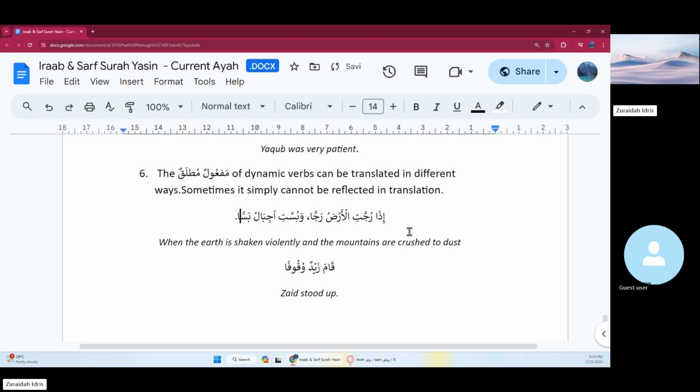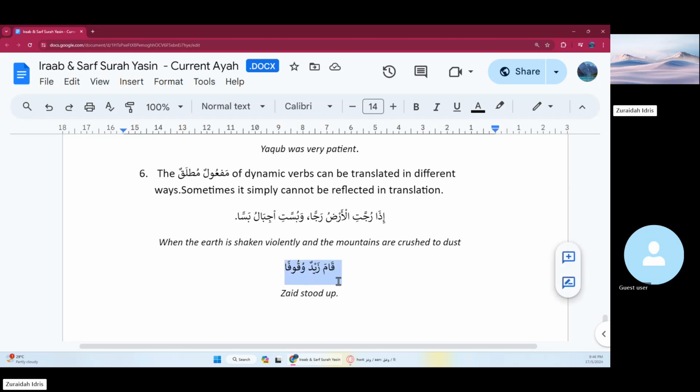So in this case, you can say it was crushed really to dust, or in Malay we would say lebur, hancur lebur. The mountains are crushed to dust. So you can translate it that way to reflect the degree of intensity.